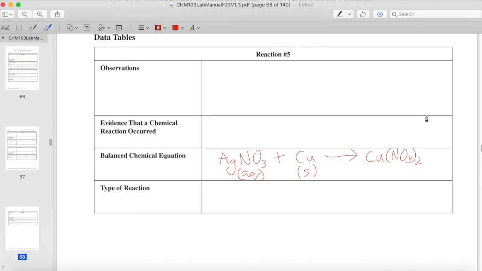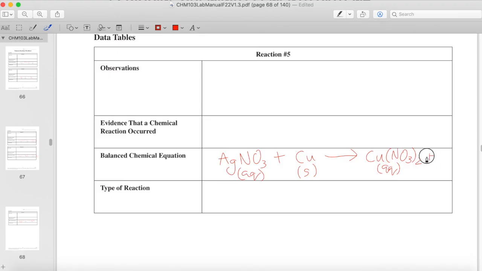Again, notice that nitrate stays intact here, so the fact that you've got 2 nitrates here and only 1 over here might be an important clue when it comes to balancing this. So our copper 2 nitrate is aqueous.